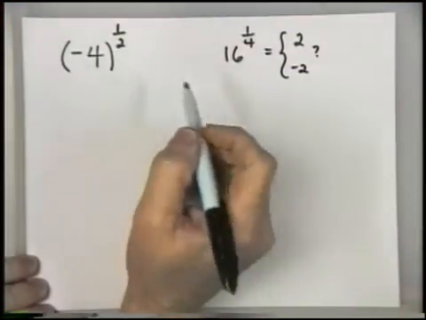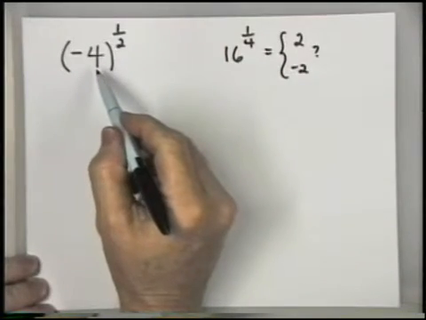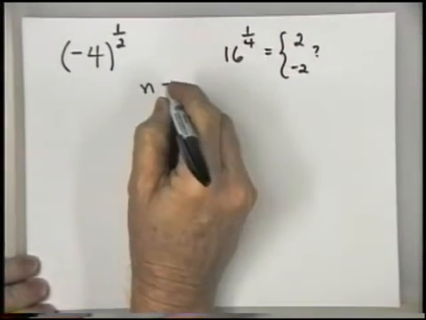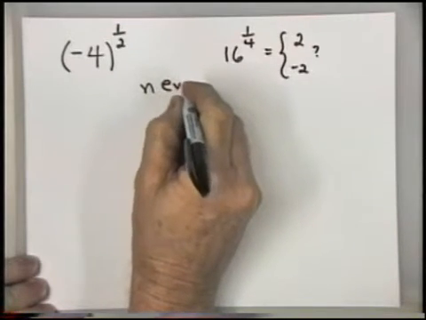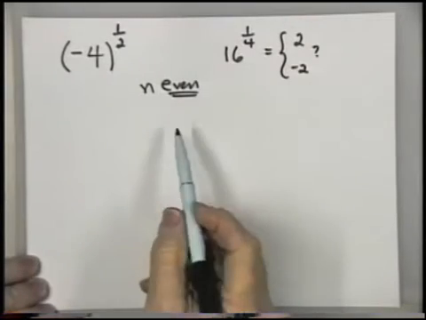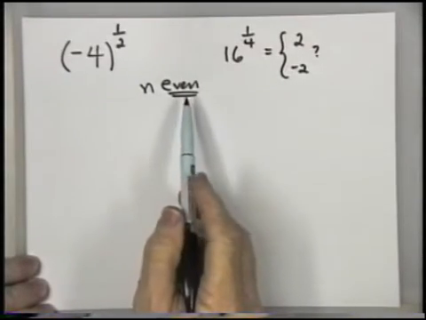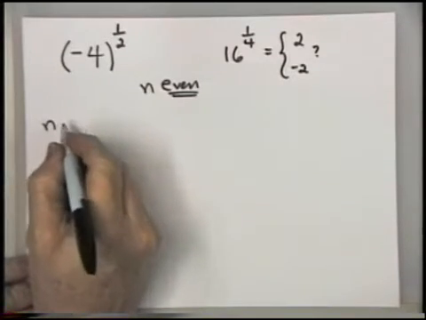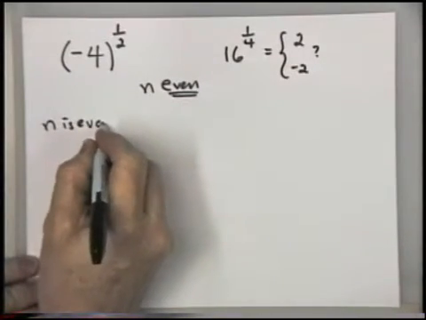So what do we do in this case, or these two cases? Notice that in both of them, n is even. So we can deal with these both in the situation where n is even.